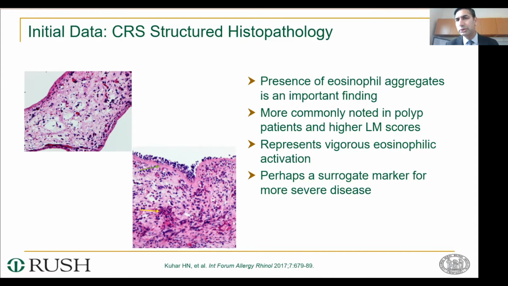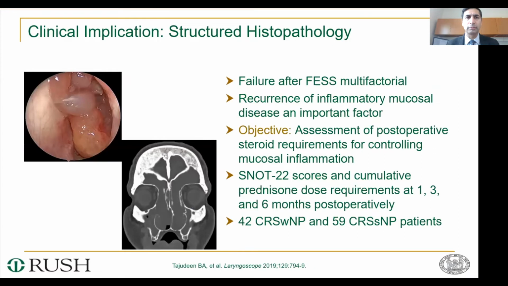And this may represent a surrogate marker for more severe disease, as this is due to more vigorous eosinophilic activation. This is certainly an important area of emerging research for our group, as we have learned from these different studies.